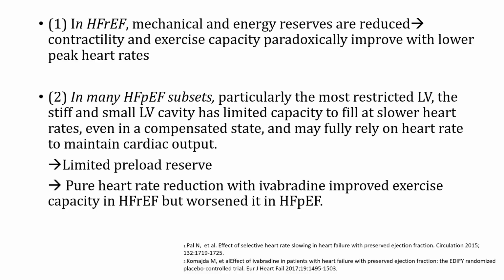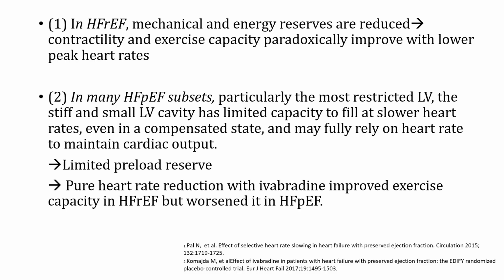This is what we call the limited preload reserve. And in this case, unlike heart failure with reduced EF, which also has limited preload reserve, the Bowditch phenomenon may not be exhausted in the preserved EF setting.